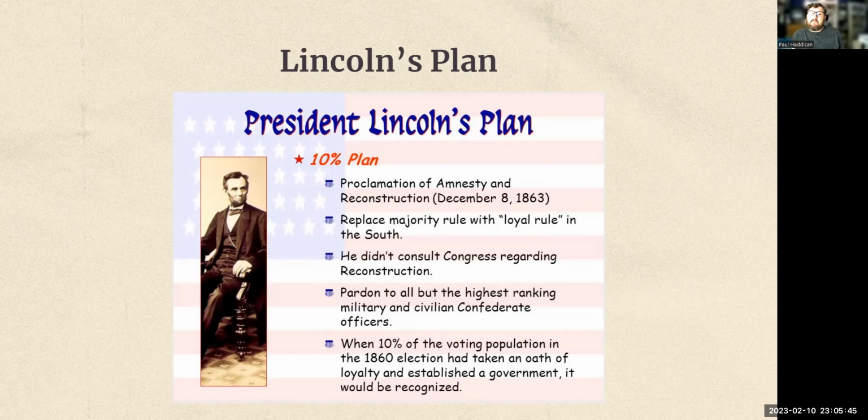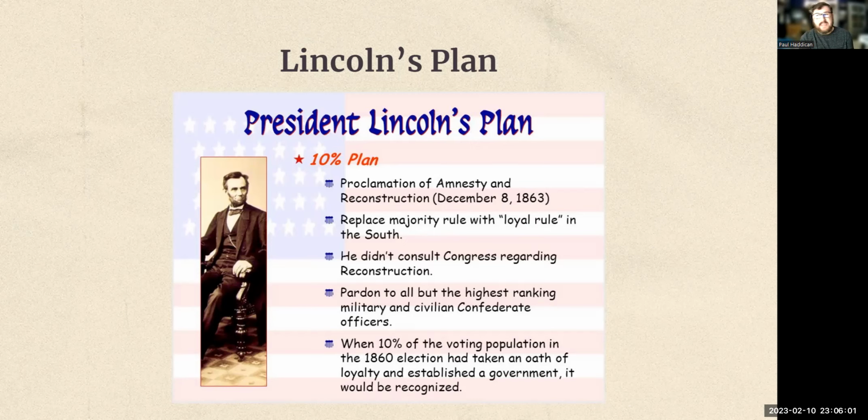And then he's going to establish this 10% rule. This 10% rule is going to say that when 10% of your eligible voting population from the 1860 election, right?